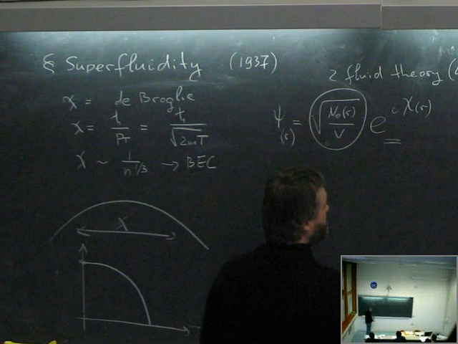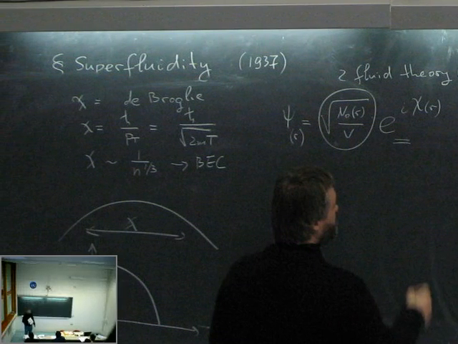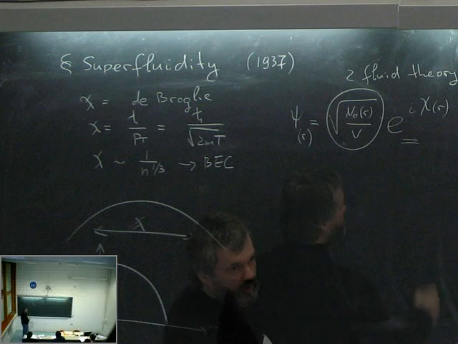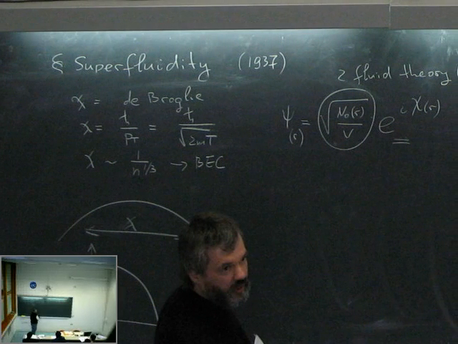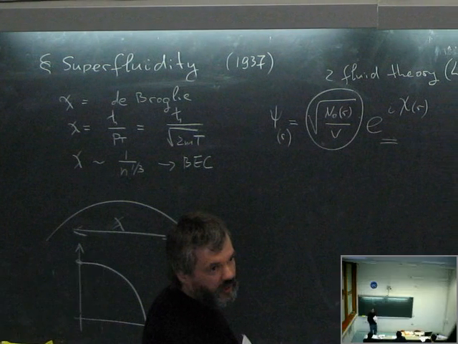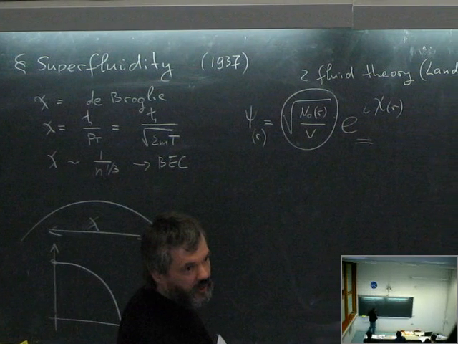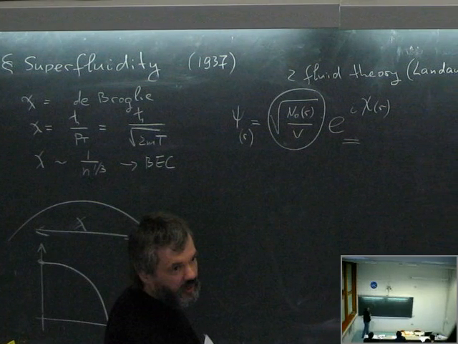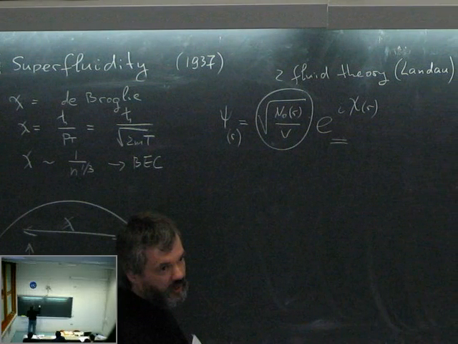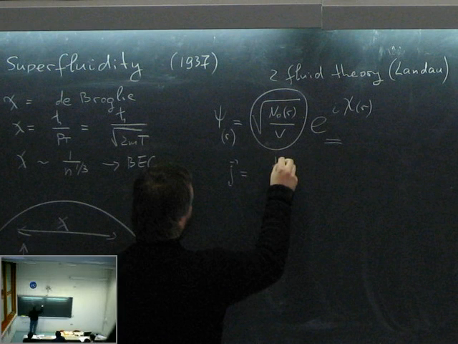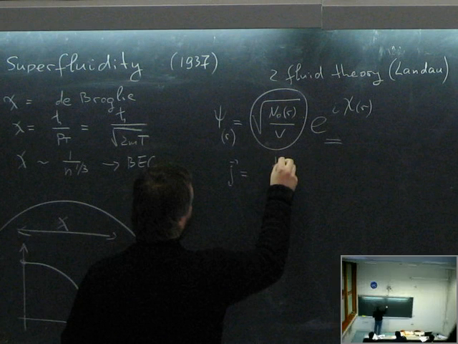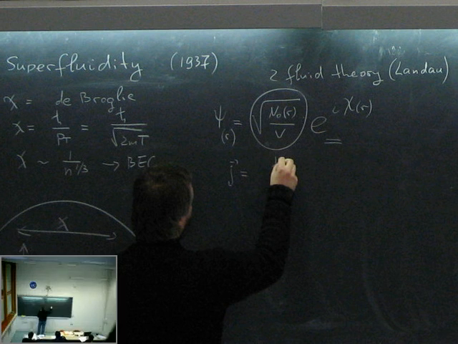In order to do it, we are in a quantum mechanical treatment, which resembles very much single-particle quantum mechanics, because the wave functions look like that, but still don't forget that this is a many-body wave function. Let's define the current. Current is h bar over 2m times psi gradient psi bar minus psi bar gradient psi.